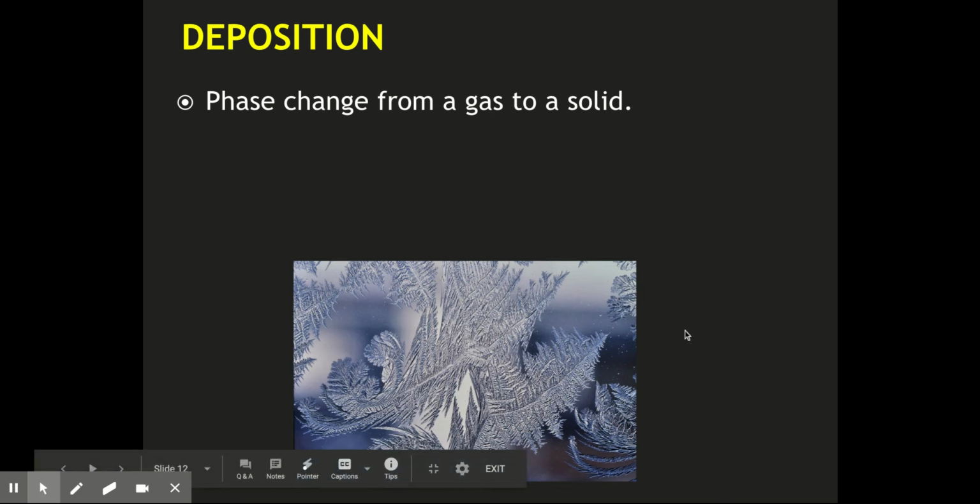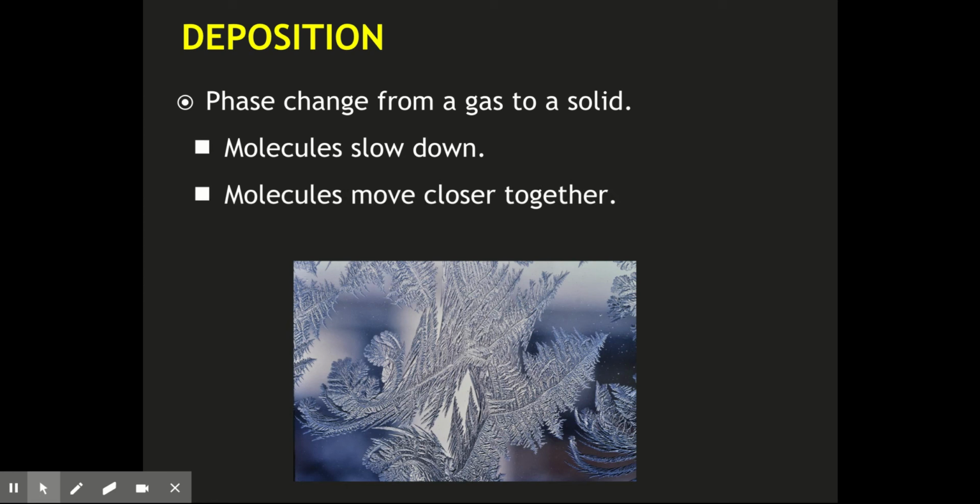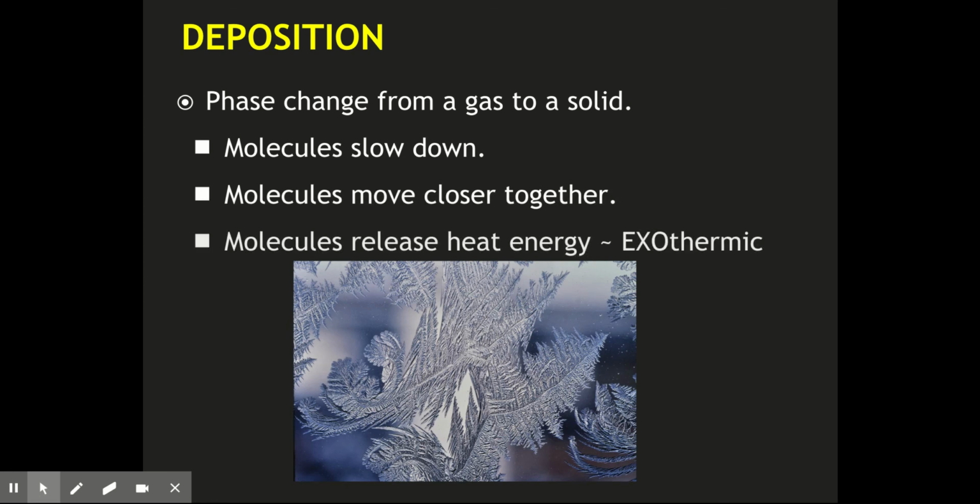They went directly from gas to a solid. Okay, so frost on your windows, usually on your house, is deposition. The molecules slow down, the molecules move closer together, and the molecules release heat energy. Remember, if they're releasing it, it's up to the outside, which is exothermic.